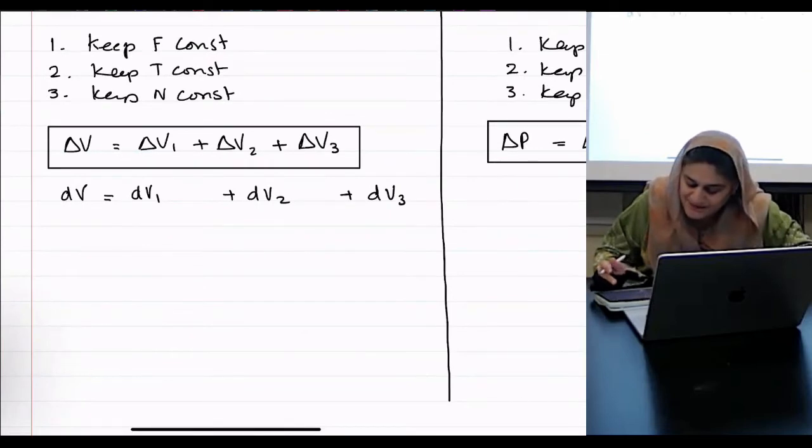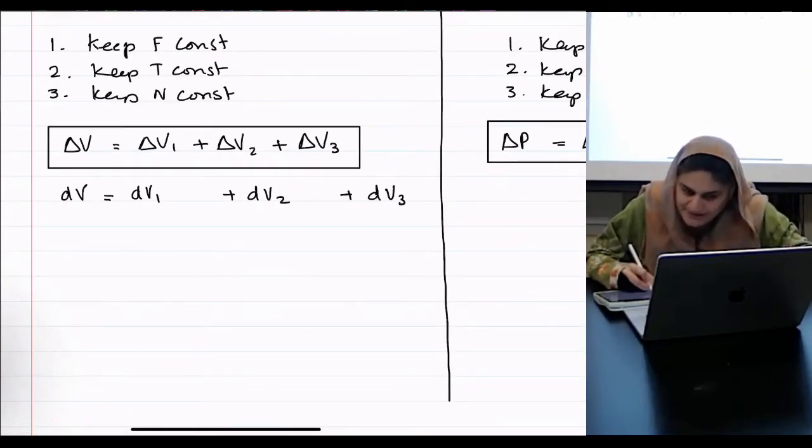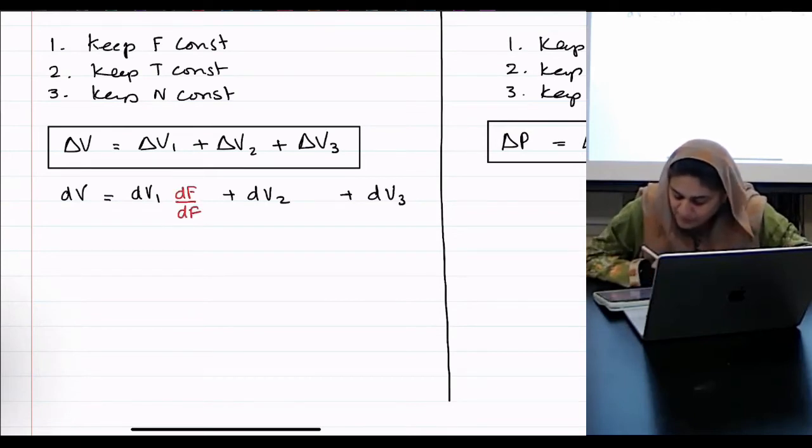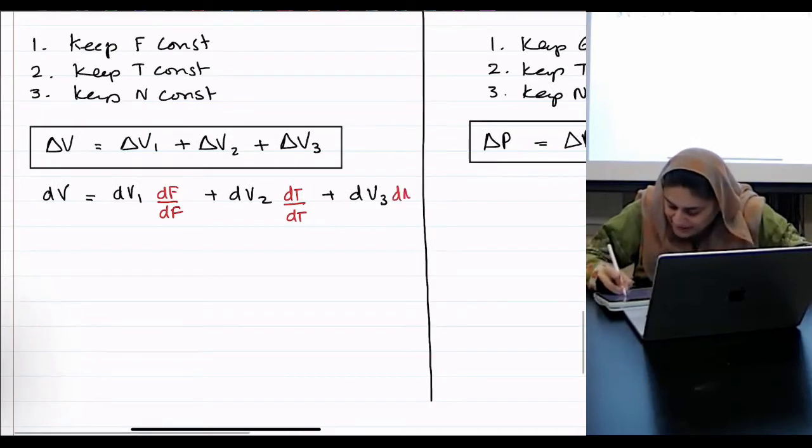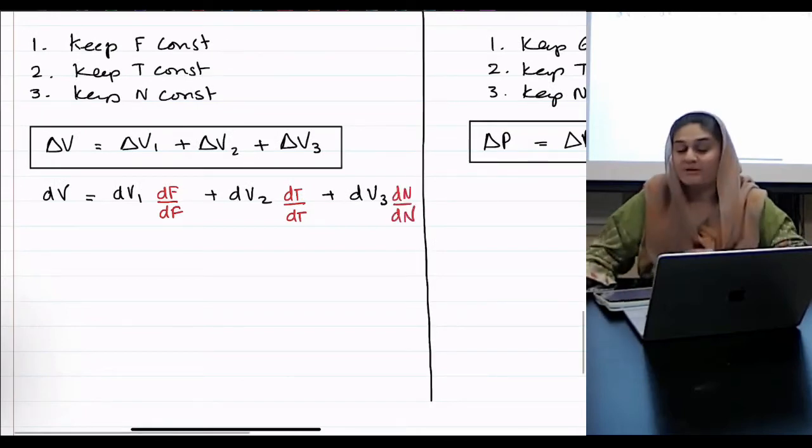F, T, and N were constant. So may I rewrite this as dF over dF for step 1, dT over dT for step 2, and dN over dN for step 3?